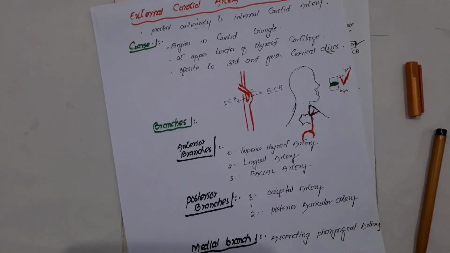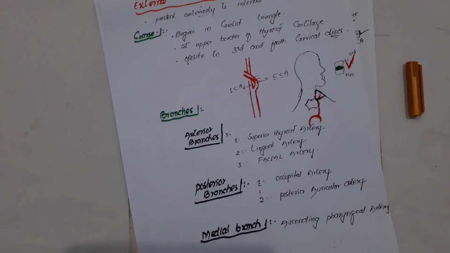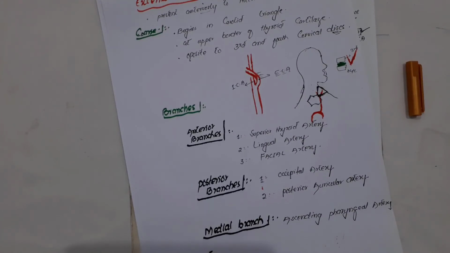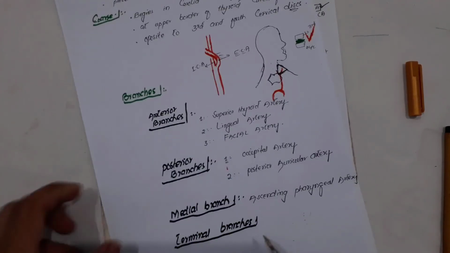Okay, and then the last one, that is the terminal branches. Clear, friends? So the terminal branches are the maxillary branches.